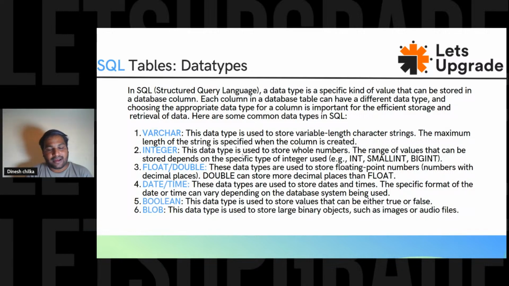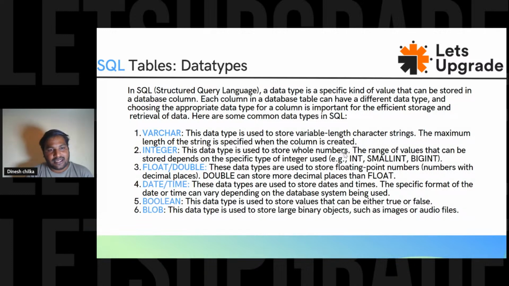We have VARCHAR. It is basically a string data type. It is used to store variable length character strings. The maximum length of the string is specified when the column is created. So whenever you are using a string, a text data type, that time you can use VARCHAR.